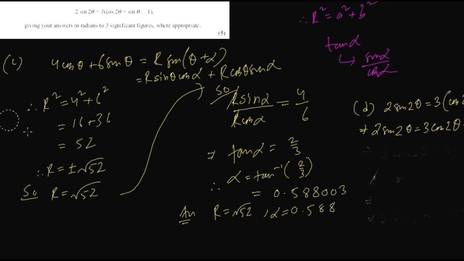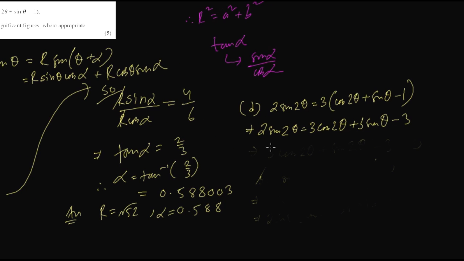Okay. So when we have this, we can easily write 2 sine 2 theta minus 3 cos 2 theta minus 3 sine theta plus 3 equals to 0.